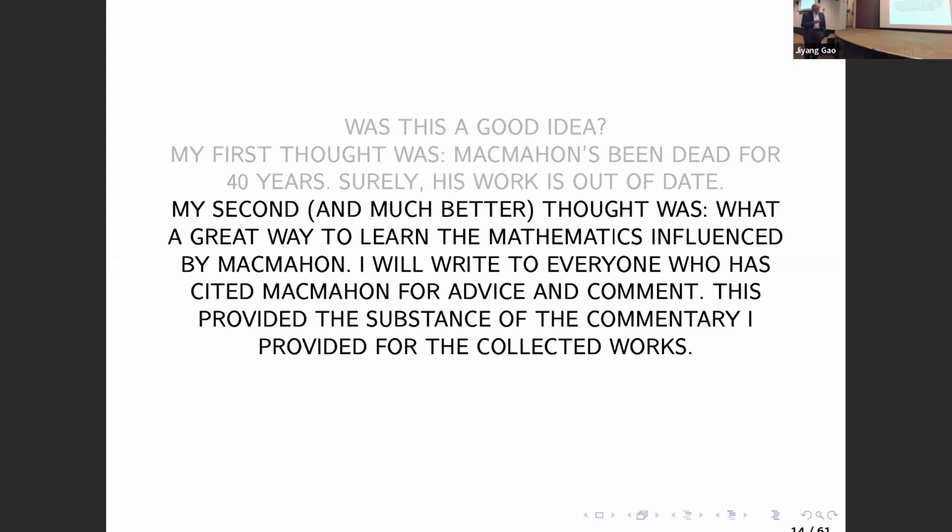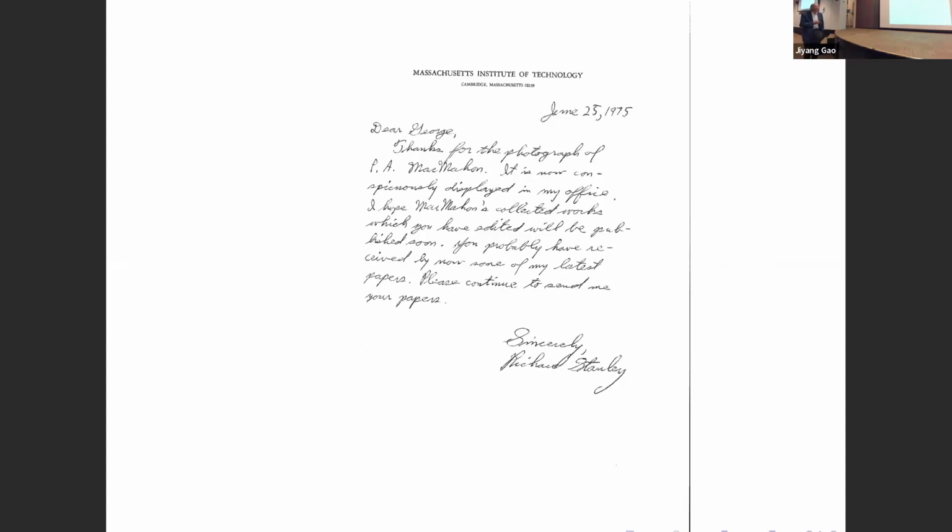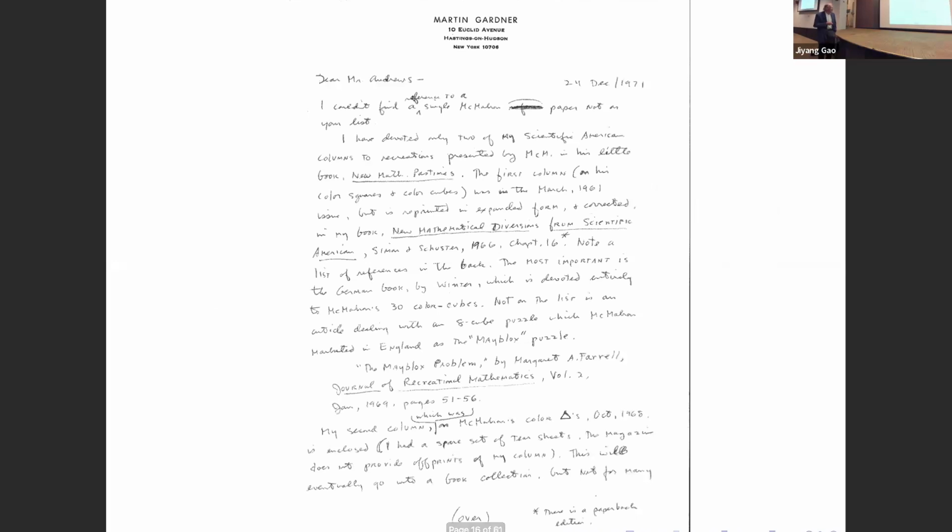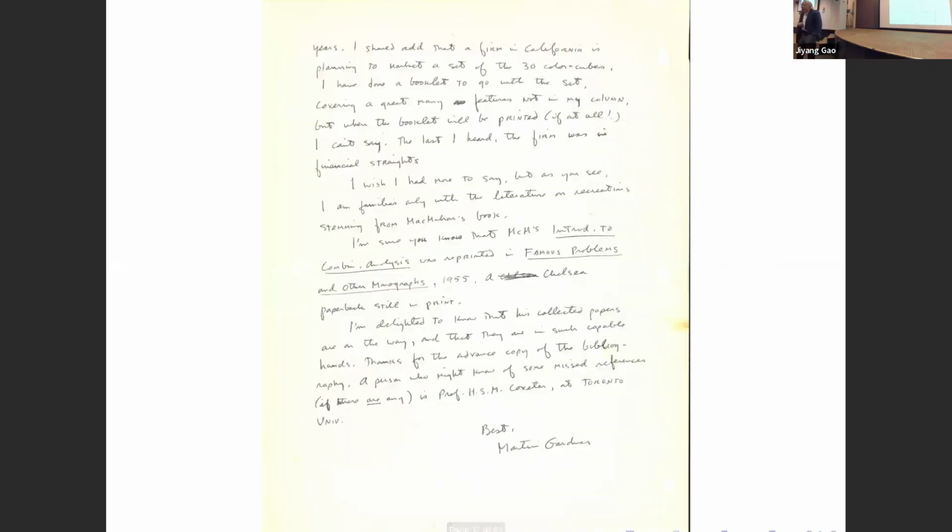So I wrote to many people. Here's a letter from Richard Stanley himself after I sent him the published first volume. Here is a letter from Martin Gardner, basically promising one of his columns in the Scientific American to be devoted to something related to MacMahon and advertising the appearance of the collected works.